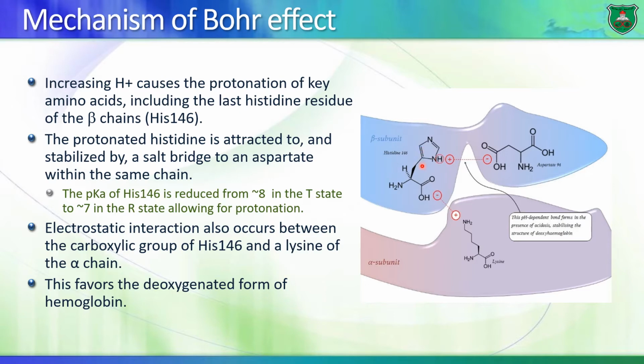The first one is with lysine on the opposite chain, that is in the alpha subunit. This electrostatic interaction takes place between the carboxyl end of the histidine residue and the possibly charged R group of lysine.